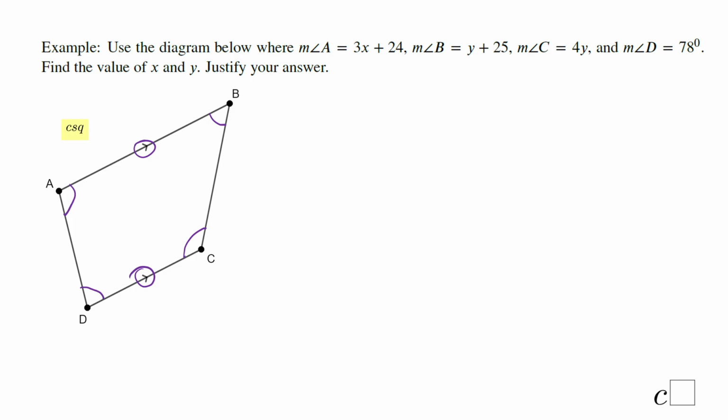Find x and y. Now looking here and noticing these AB and DC are the parallel segments, belonging to parallel lines, right? I will say AD and BC are the transversals. So now let's match the correct angles. So it will be A and D, and they are not congruent, right?